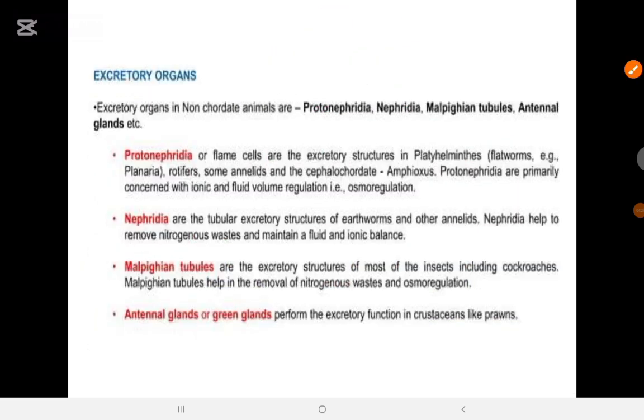Now, excretory organs in non-chordate animals include protonephridia.